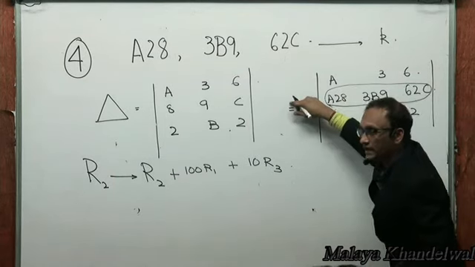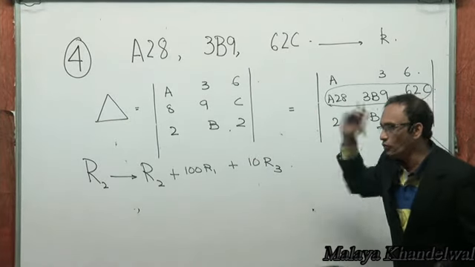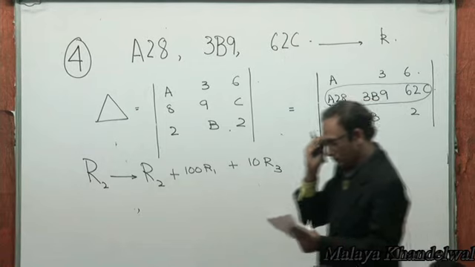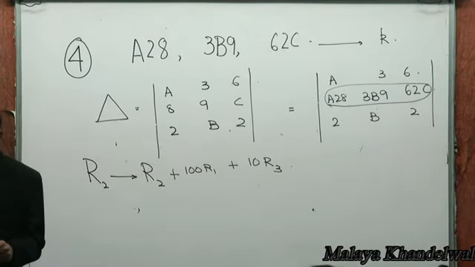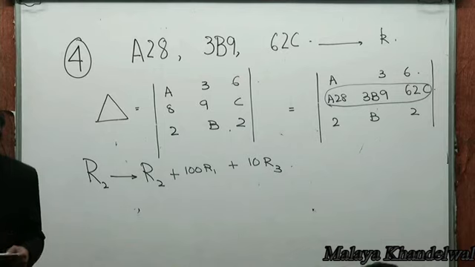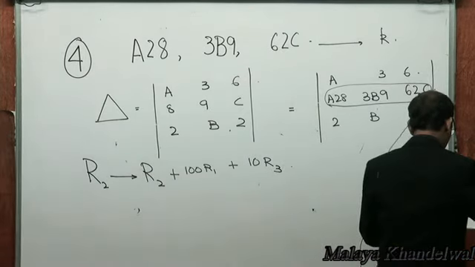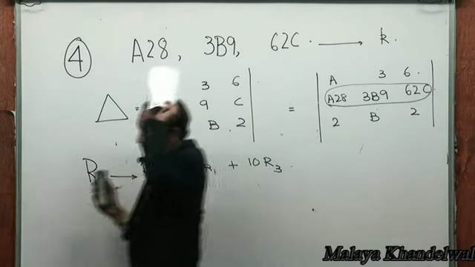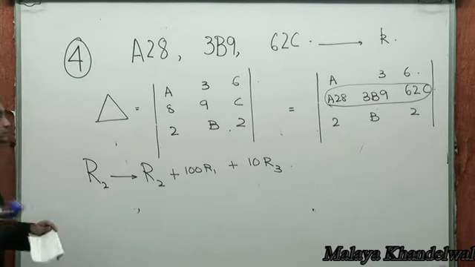So you could have taken k common and the determinant would be divisible by k. Yes or no? Right? Clear?